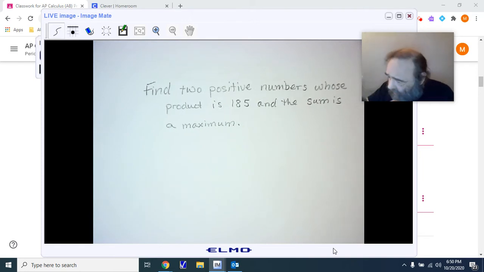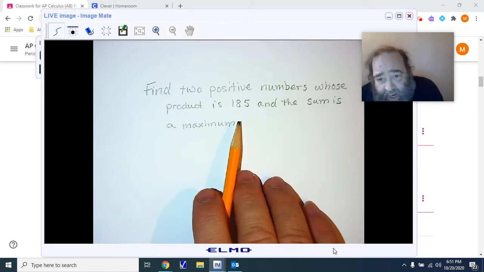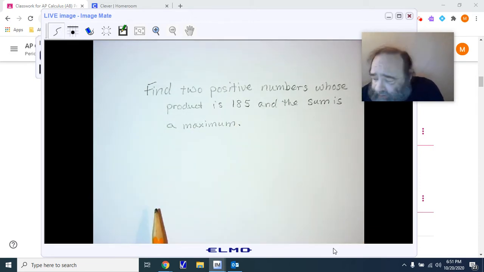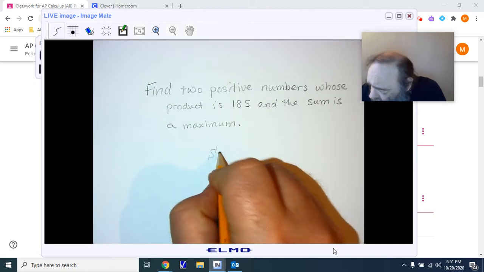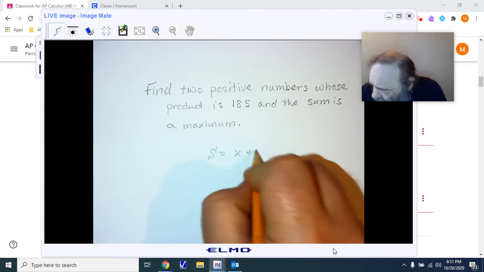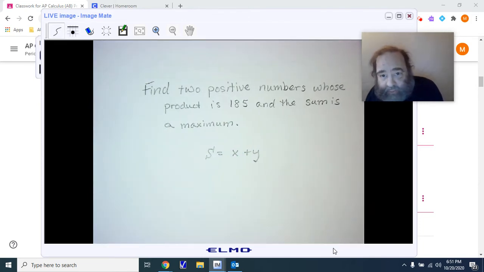So here we have finding two positive numbers whose product is 185 and the sum is a maximum. So I'm looking for my sum of two numbers, x and y. Oh no, look at that. We have two variables. I need a linking equation.